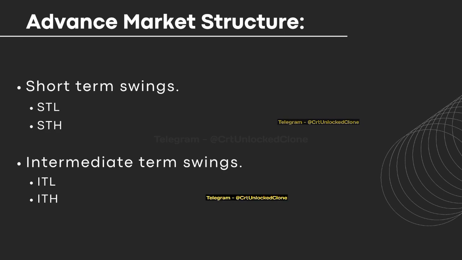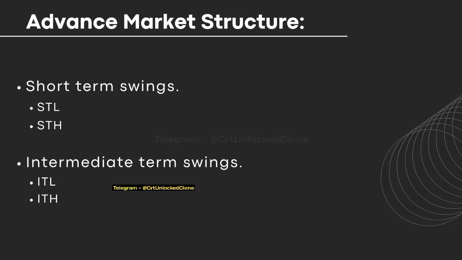Inside short-term swing points, we've got short-term highs and short-term lows. And with the intermediate swing points, we've got intermediate-term lows and intermediate-term highs, right? Now we're going to accurately define what each of them means and how we can classify them.